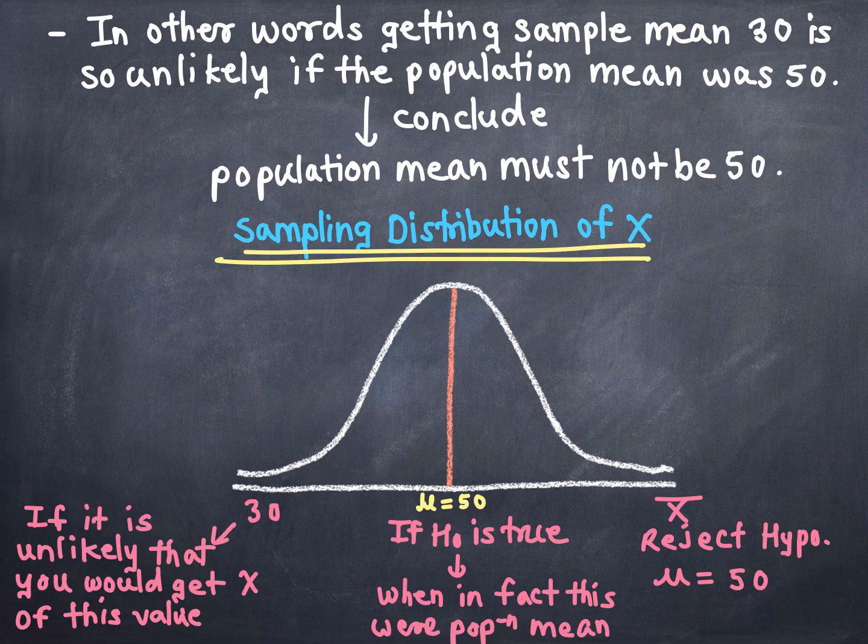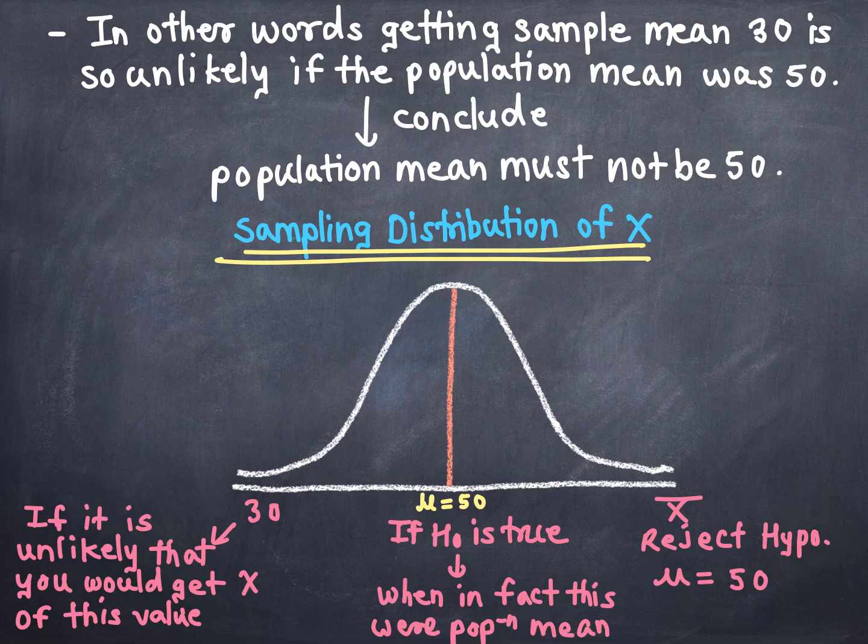Now we will see this sampling distribution of x̄ by a normal distribution curve. Say for example, we are considering mu is equal to 50. So we are considering H0 is true, when in fact this were the population mean.